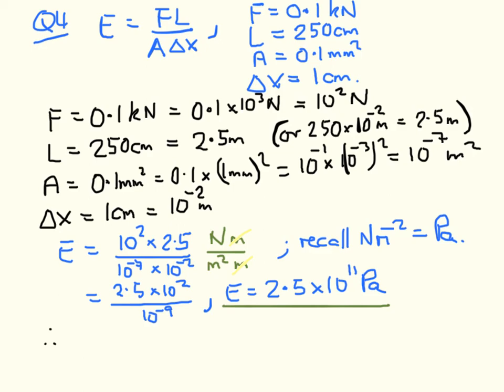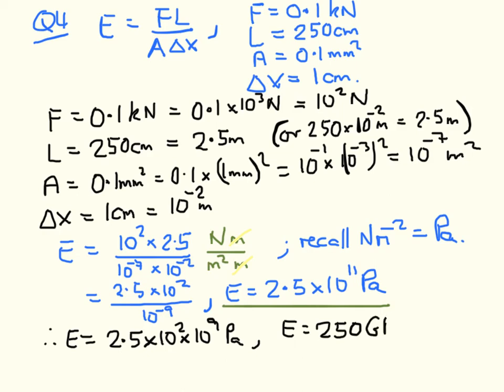So we say that E is 2.5 times 10 to the 2 times 10 to the 9 pascals, and this is a gigapascal, and 2.5 times 10 to the 2 can either be left in that form, or you could say it is 250, which is what I'm actually going to do here. So E is 250 gigapascals.